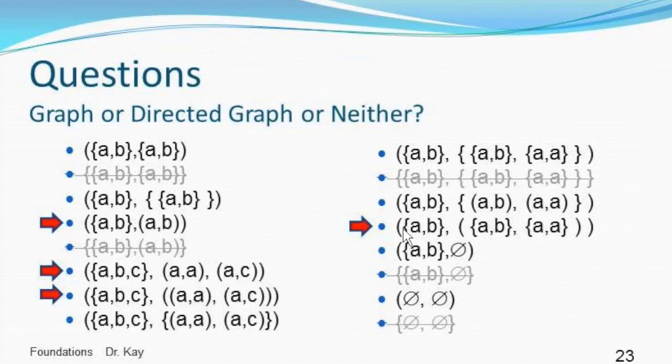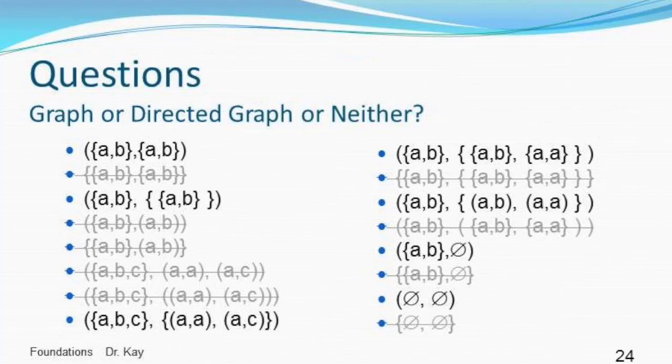And finally over here, again, I have a tuple, but it contains a set. Good, that would be all right for the vertices. But over here, we've got a tuple with two sets in it, and that's not what a graph should be. So goodbye to all those guys.